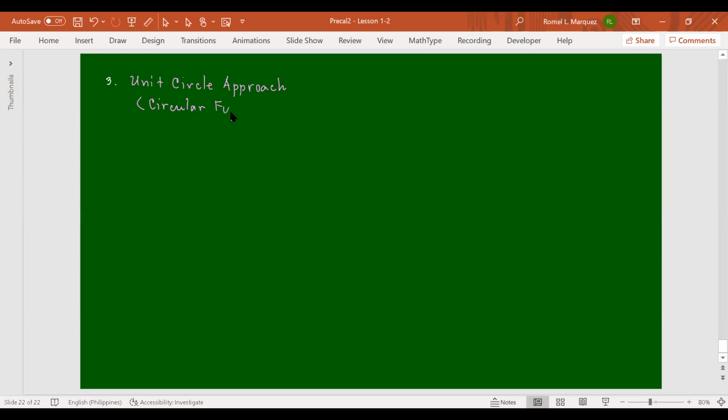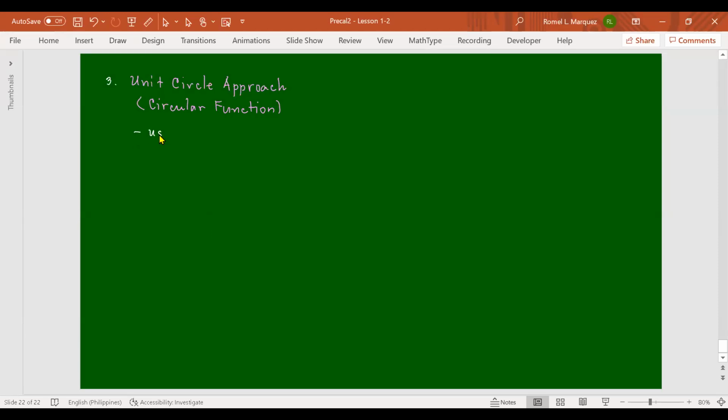So this time, we define trigonometric functions looking at the length of an arc instead of an angle. We're going to define the six trigonometric functions by looking at the length of an arc, meaning we are dealing with real numbers, trigonometric functions of real numbers.